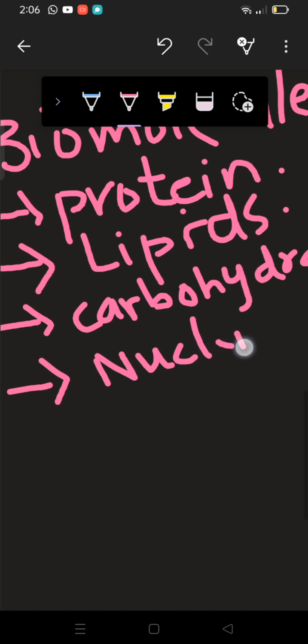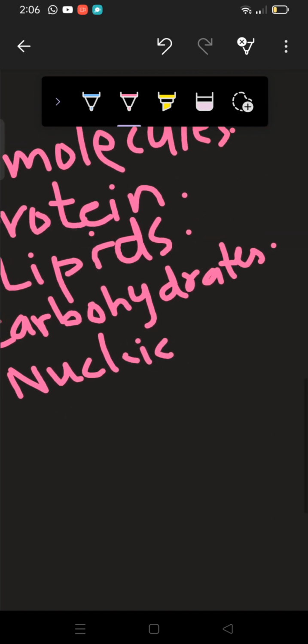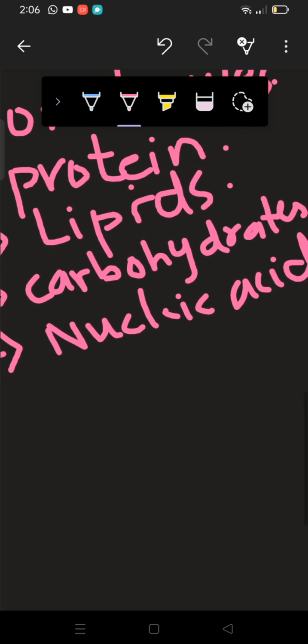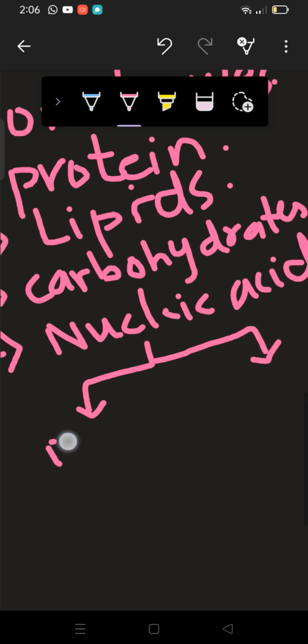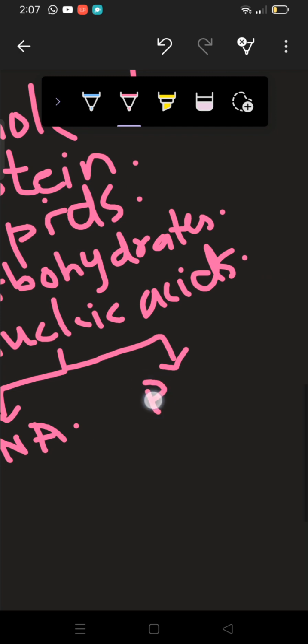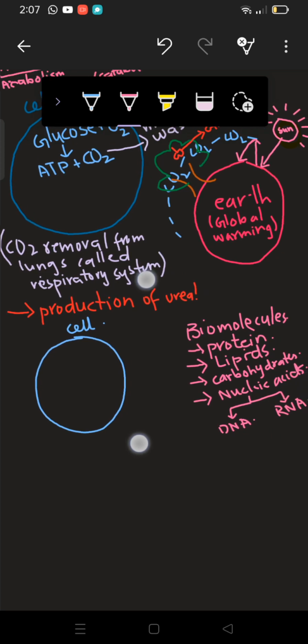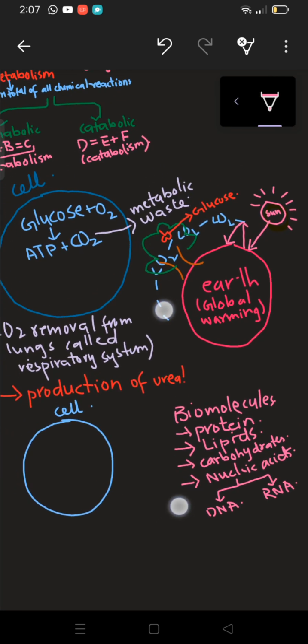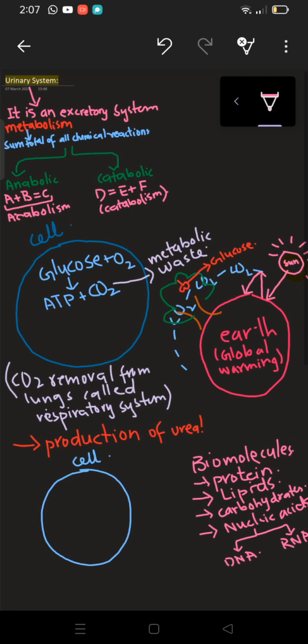In nucleic acids we have two things. The first one is DNA, deoxyribonucleic acid, and the second one is RNA, ribonucleic acid. So we have two types of nucleic acid.